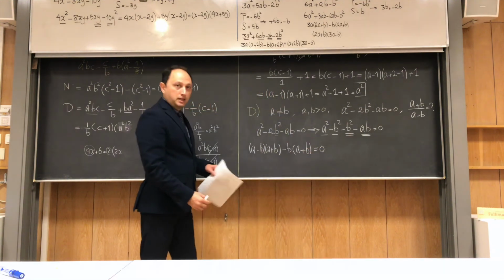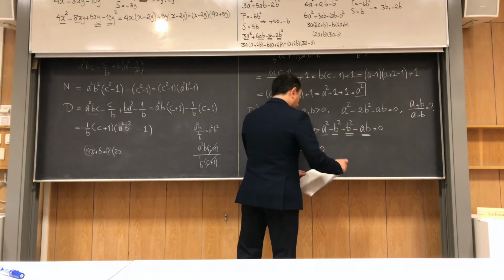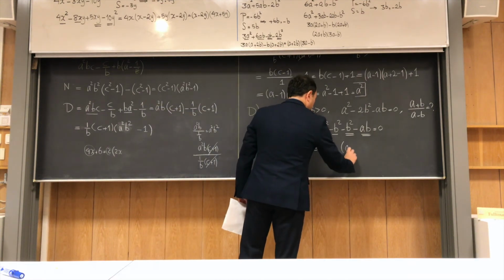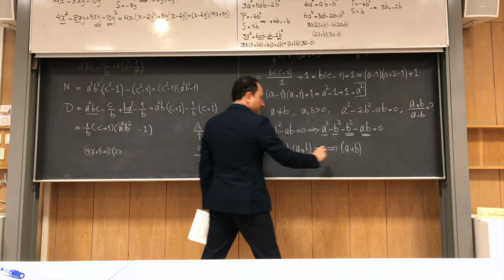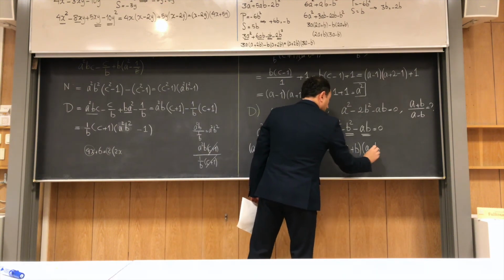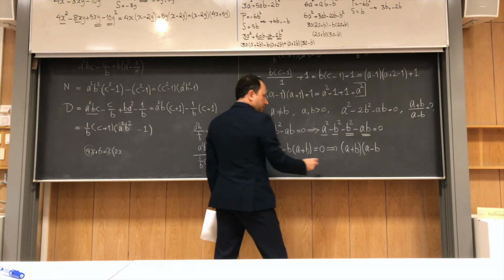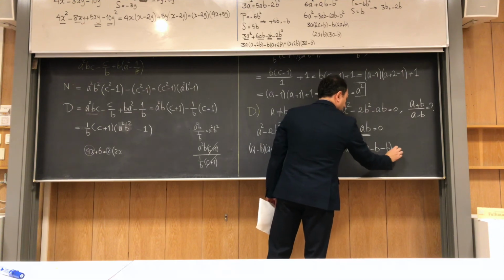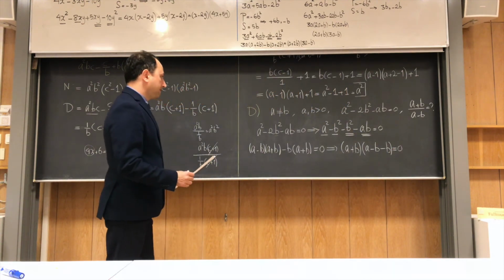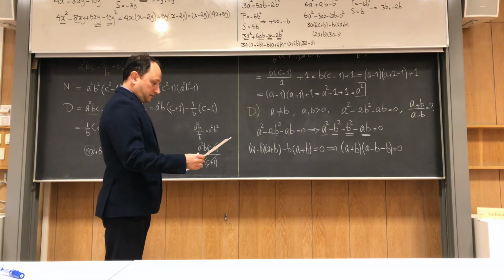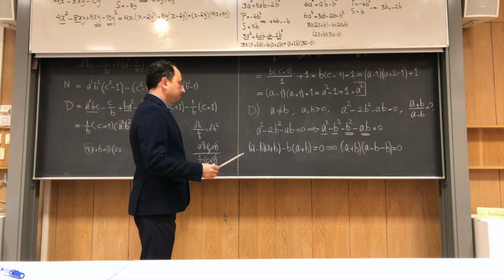But that is good, because you see that a common factor emerges. I can pull it out. So this gives me a plus b. From this one, a minus b is left. And from this one, minus b is left. Now let me check that everything is okay.